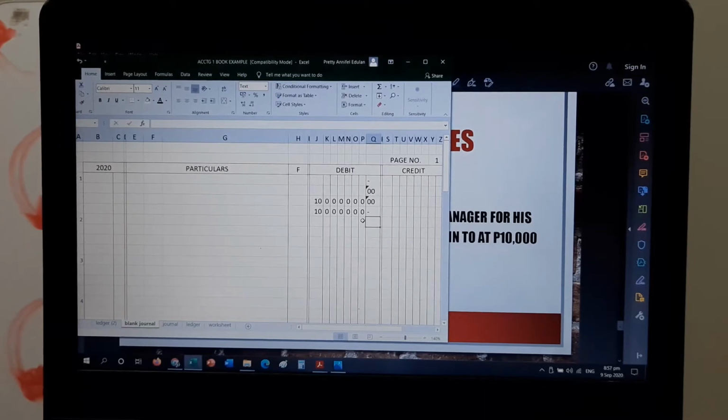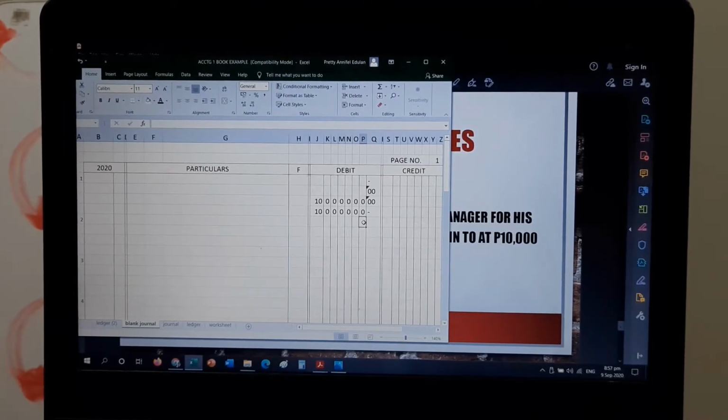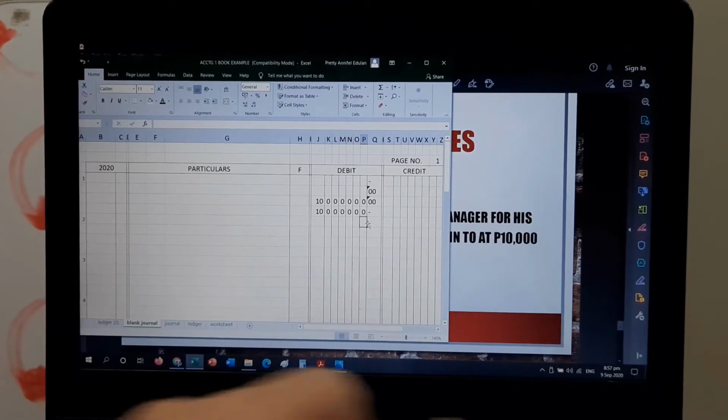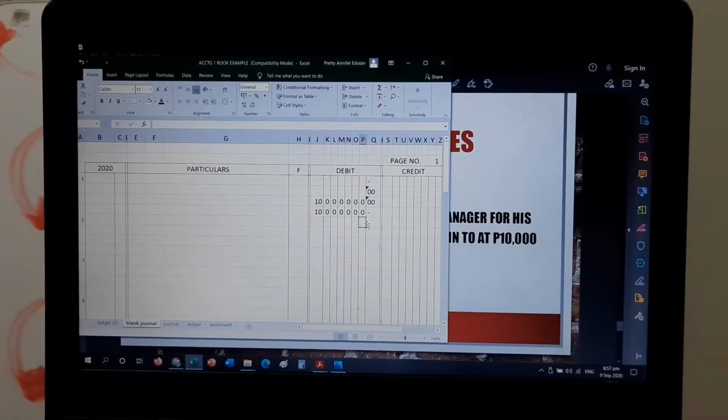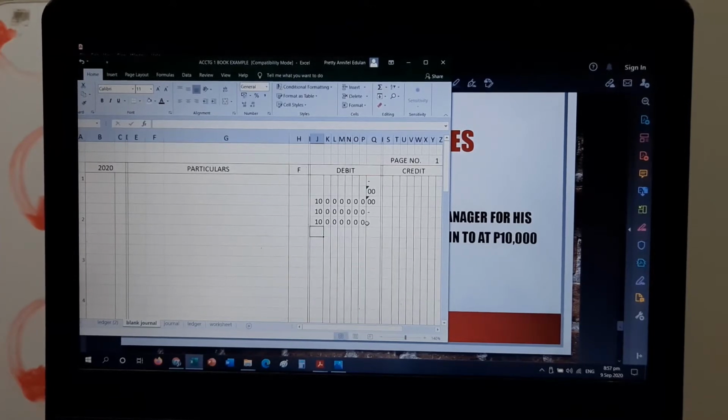Ma'am, it's confusing. There are a lot of boxes rather. So you could start from right to left. So how many zeros are there in 10 million? So you have 7. So ones, tens, hundreds, thousands, 10,000, 100,000, then millions.